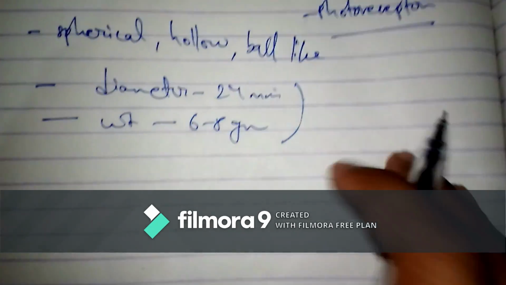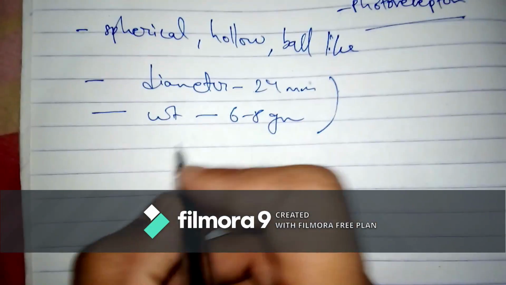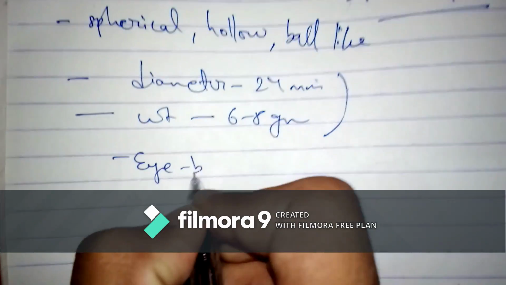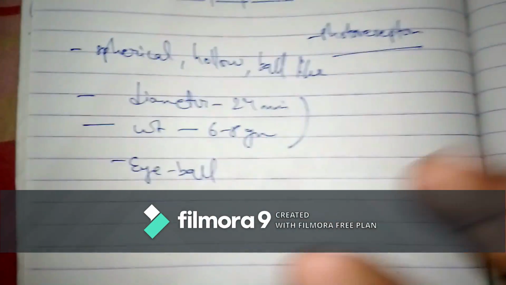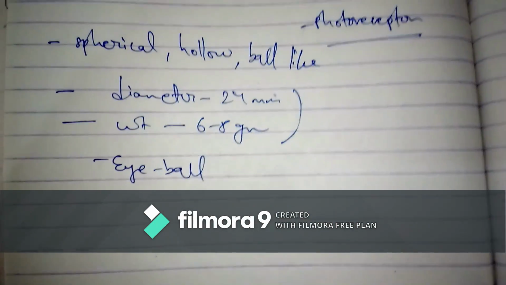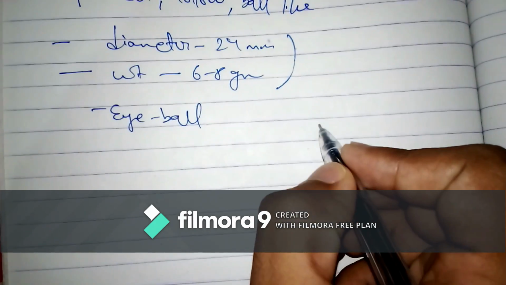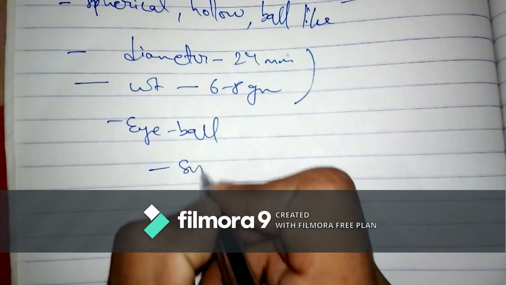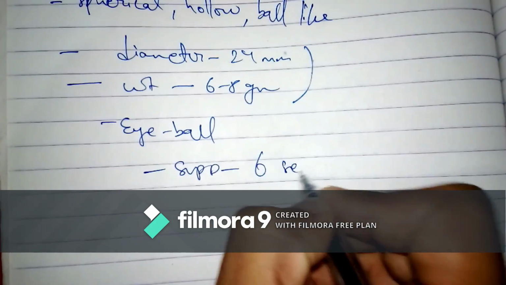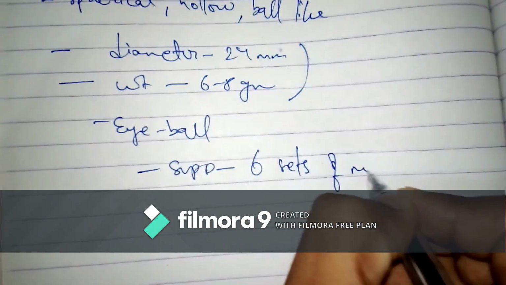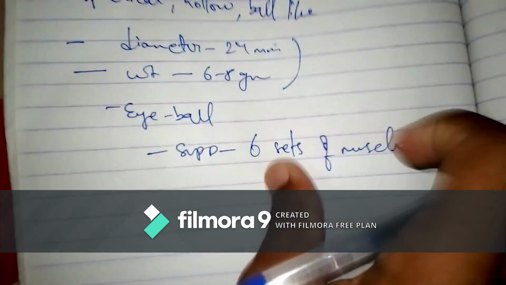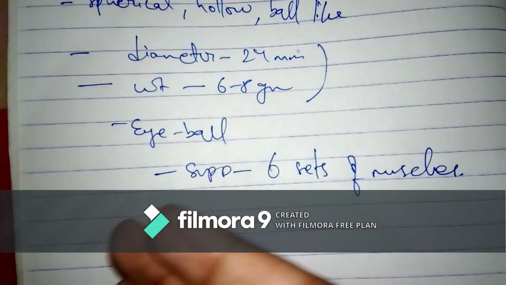Due to its shape, the human eye is also known as the eyeball, because it is ball-like and spherical. This eyeball is supported by 6 sets of muscles. These muscles extend from the eye orbit to the outer side of the eyeball.